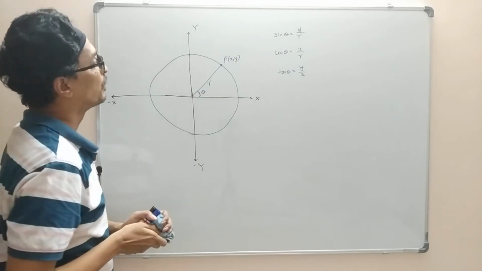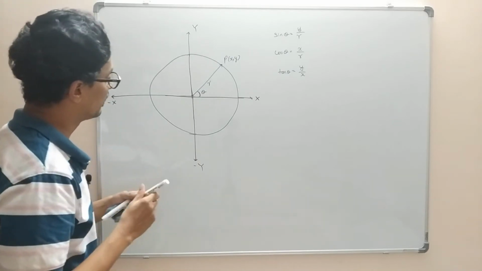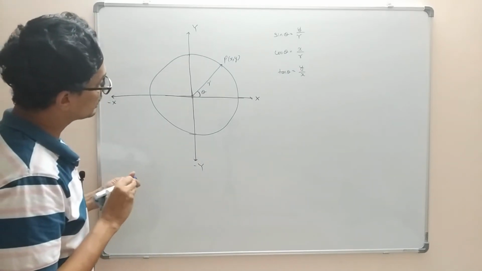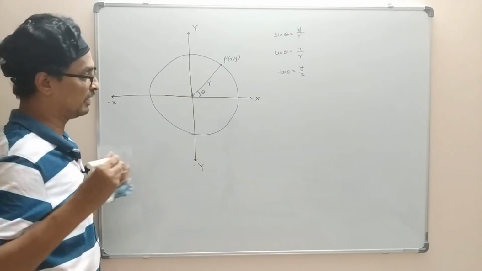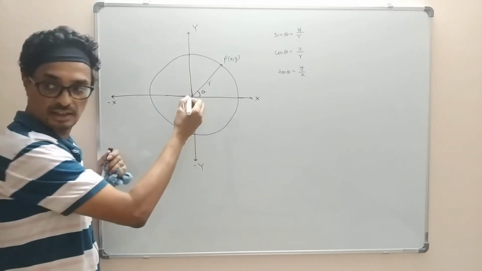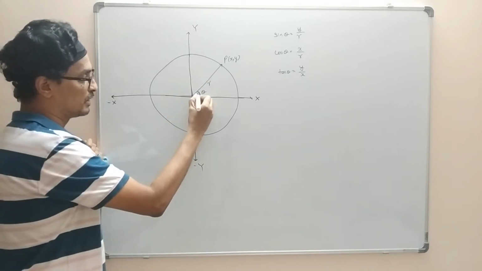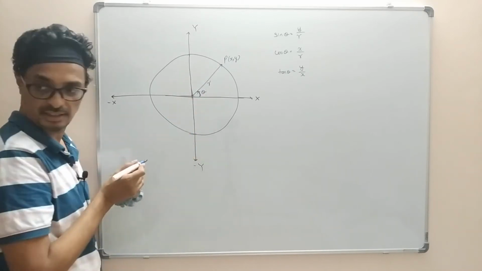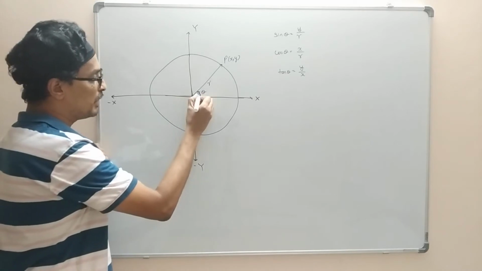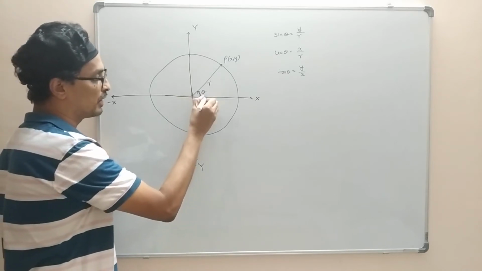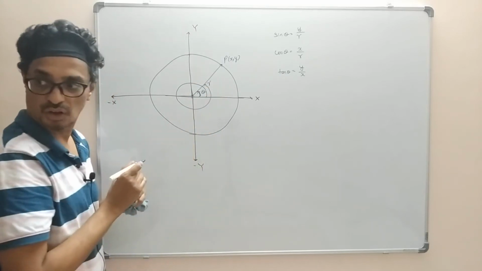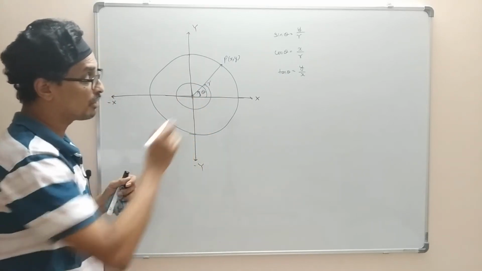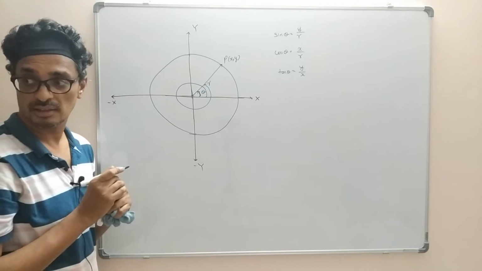Now one interesting thing: what will be the coterminal angle? Suppose this angle is theta. The coterminal angle means this is going to make a full round and come back here. Will the trigonometric ratios change for coterminal angles?